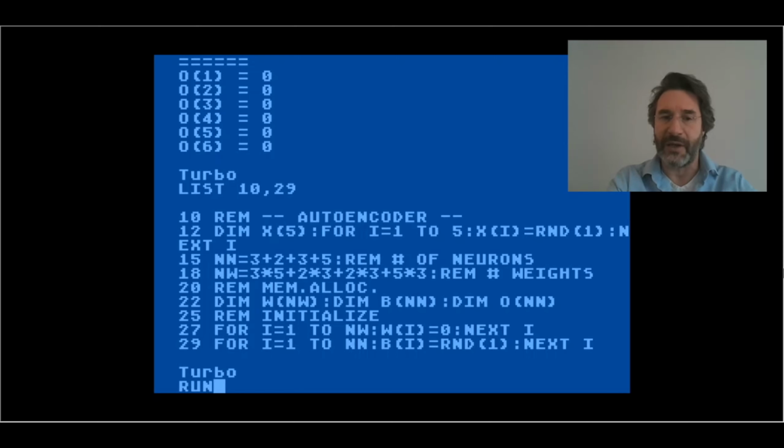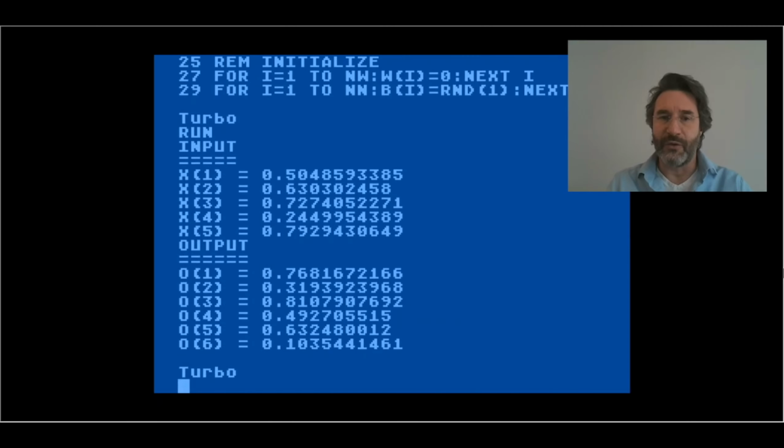If we run this autoencoder now, you will see that things change because the biases are not 0 anymore. So this means that in practice we now start to have an output from the autoencoder which is not trivial. But as you can see, this output is also very different from the input, and that is because we are just using random numbers for the biases, so the network has not been pre-computed.